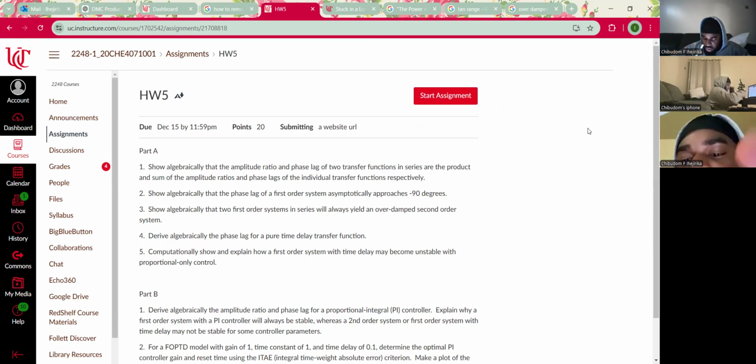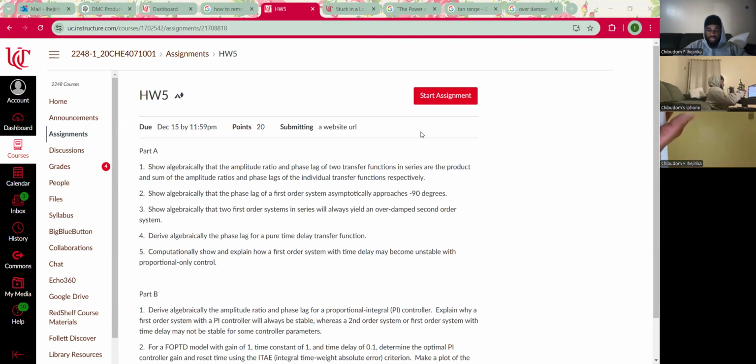Okay, so let me go to part C. So now we're going to go to 3. We're going to show why it's overdamped.